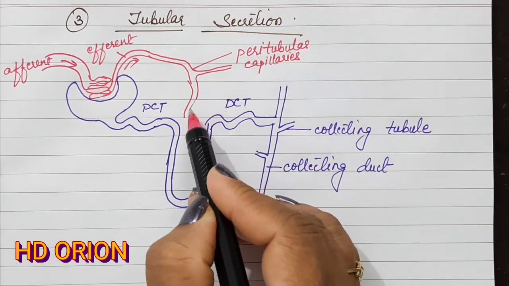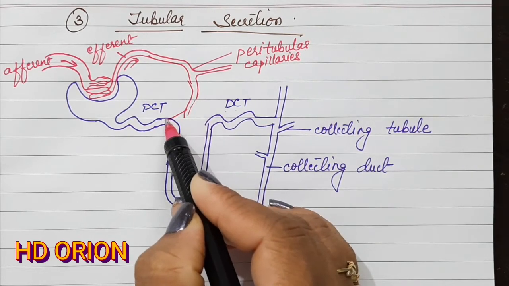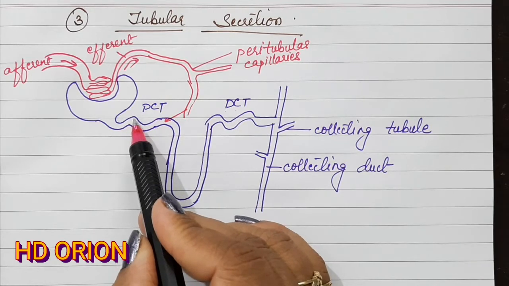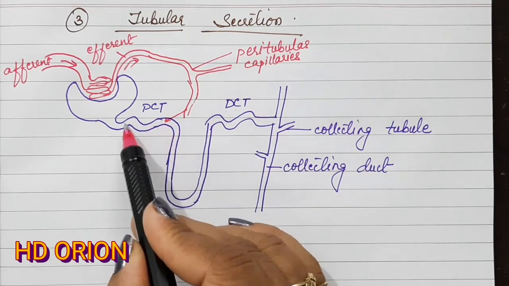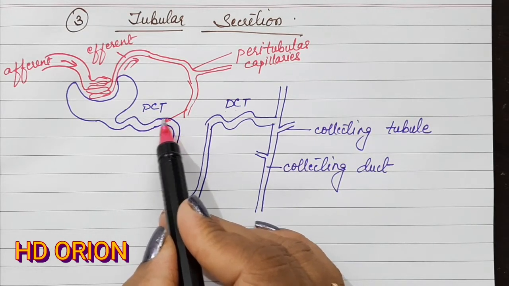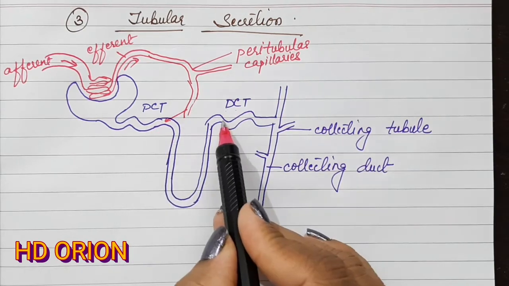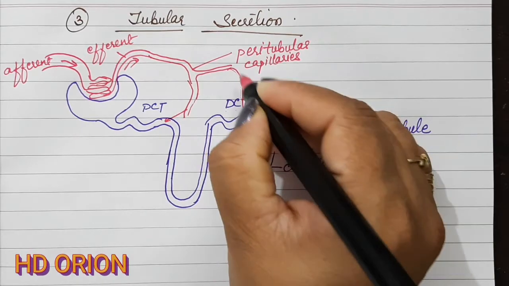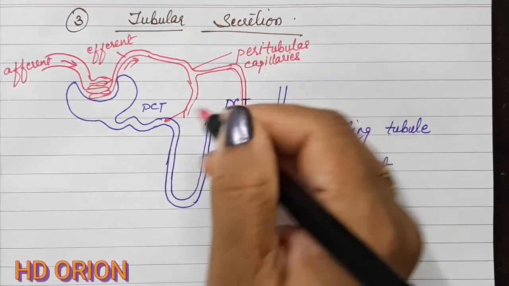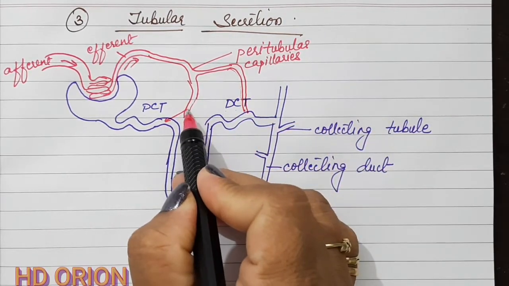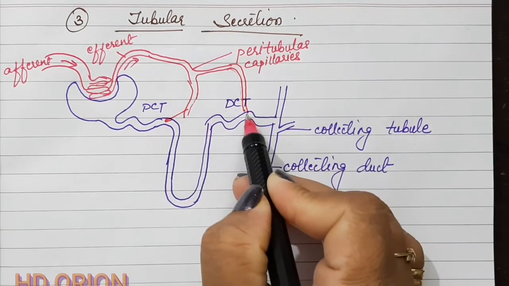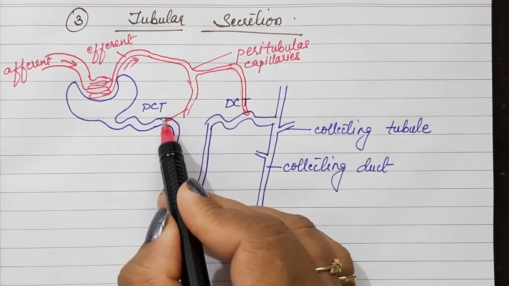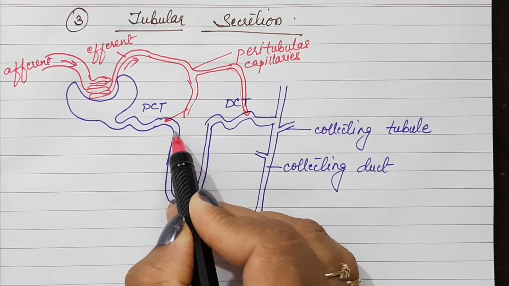From these peritubular capillaries, the waste substances are secreted into the PCT. As I told you, this has the brush bordered epithelium, and there are also certain glands present in this and in this, and therefore suppose this is the capillary which is pouring all the waste into the DCT. So the waste materials from here are secreted into the tubules, and then the cells of the tubules add the waste to the filtrate.